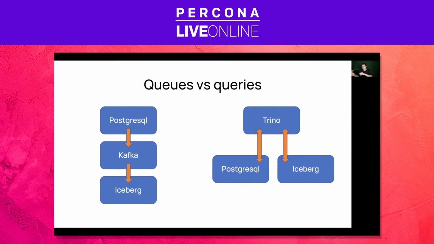Sometimes that data may come from Iceberg. Sometimes that data may be joined from both Postgres and Iceberg at the same time. Trino can also do the mapping. Sometimes I'm doing an insert into Iceberg where I'm selecting from Postgres, and there actually isn't a queue in the middle. It's that you're running queries that move the data around.